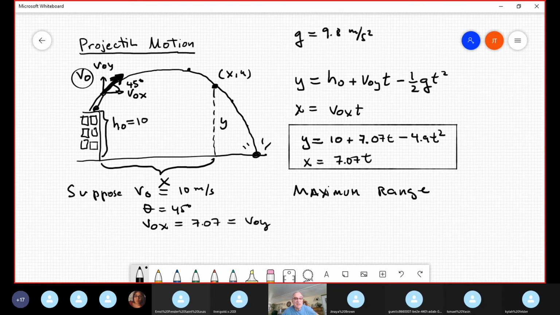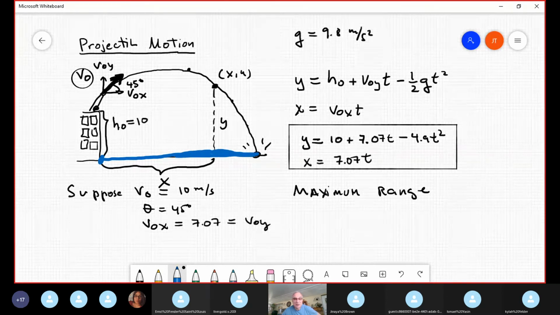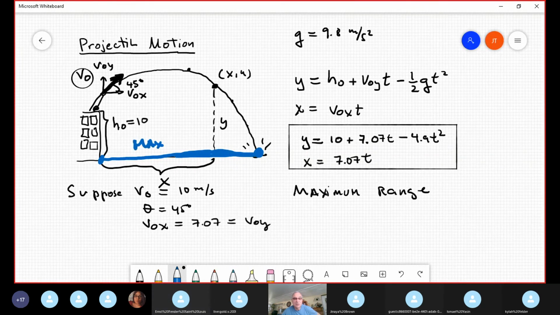The maximum range is that distance, the distance from the building to the point when the bullet hits the ground. This is the maximum range. I want to find exactly at what point it impacts the ground.